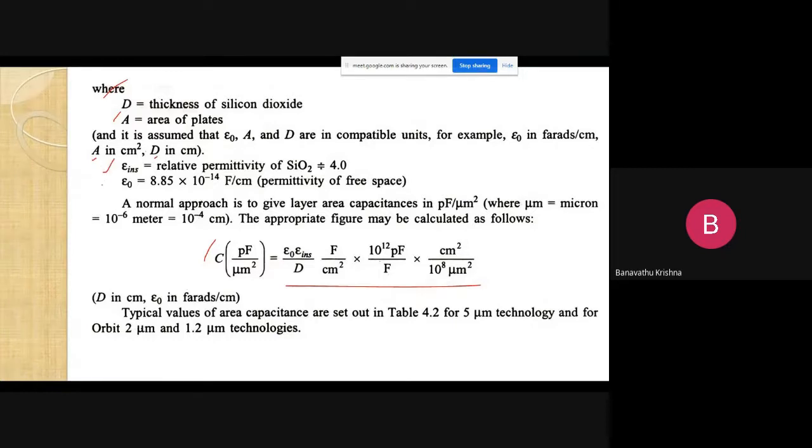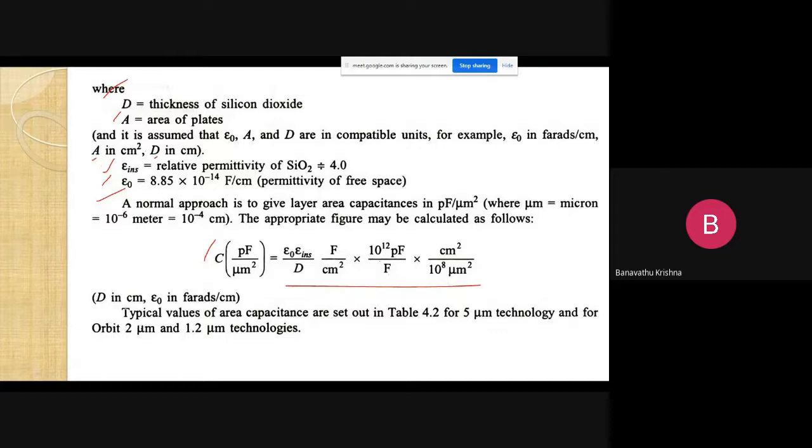Epsilon insulation is the permittivity of the insulator, and epsilon naught the permittivity of free space. These are the values. For the normal approach, it gives a layer area capacitance in picofarads per micrometer square, so the appropriate figure may be calculated as follows.